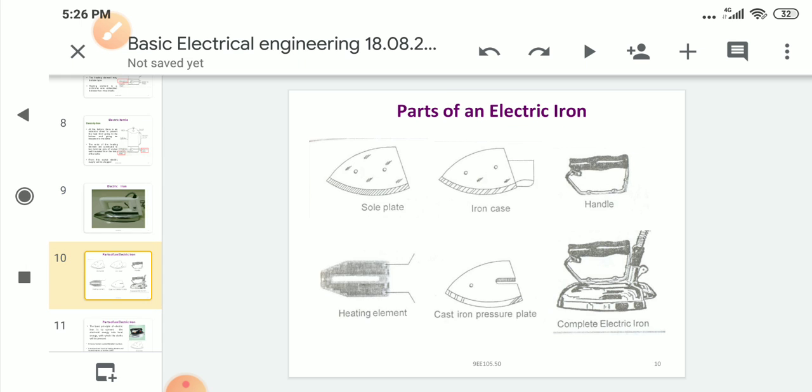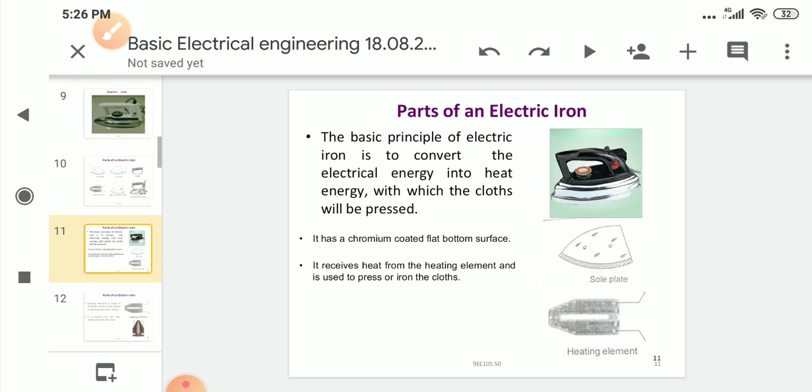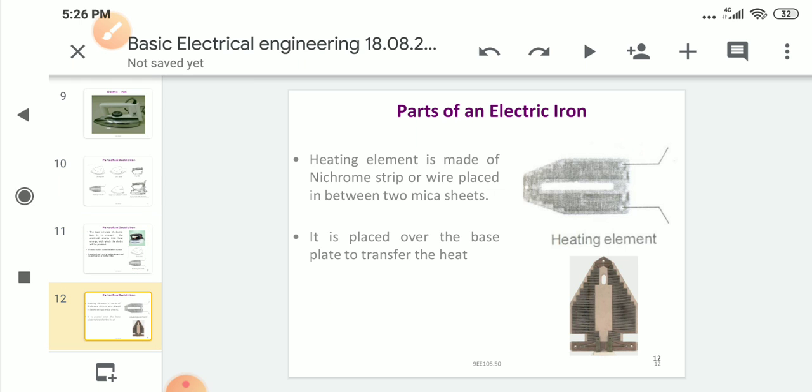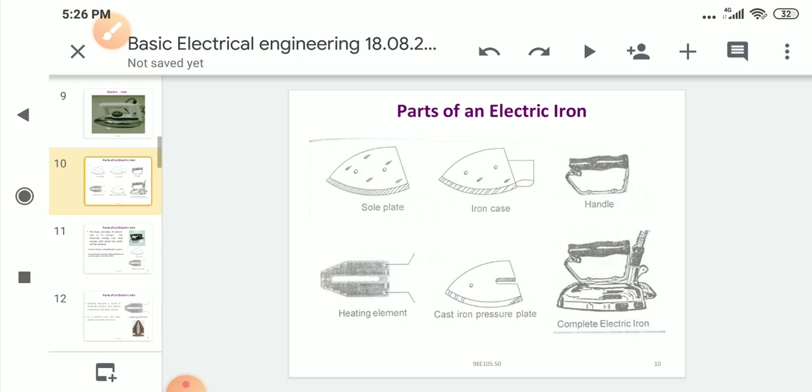These are the parts. Here this is a heating element, it is made with nichrome. When we connect to the supply, what happens? This heating element is heated, and it is placed in between two plates, that is the sole plate and the pressure plate.